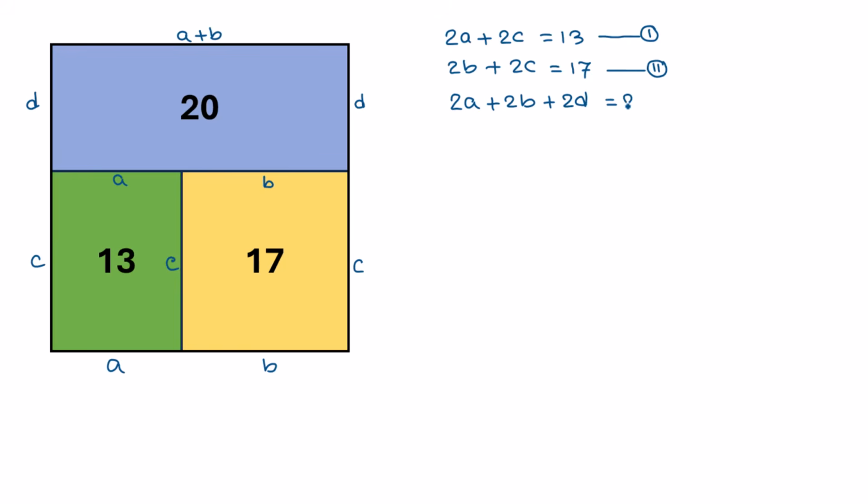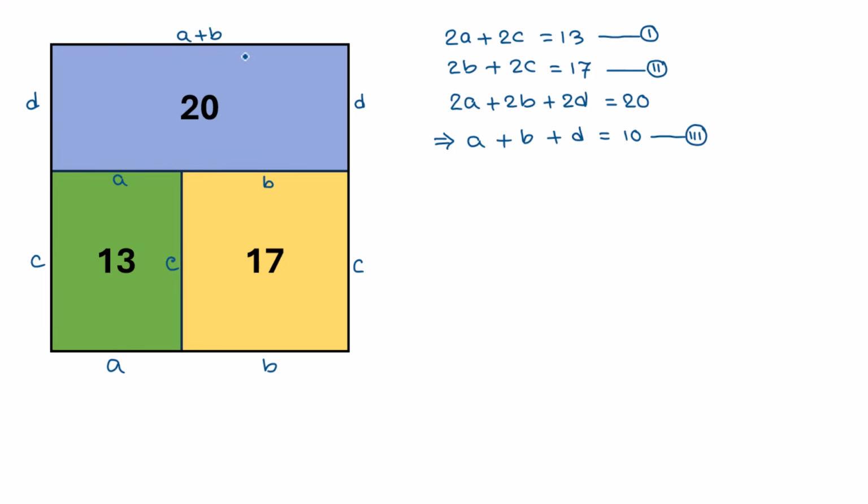Now dividing both sides by 2, we can write A plus B plus D is equal to 20 divided by 2, which is 10. Consider this as equation number 3.